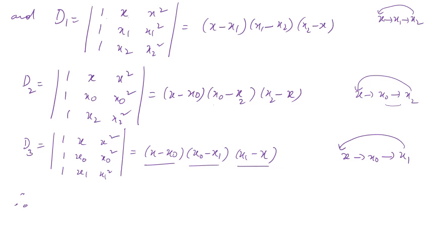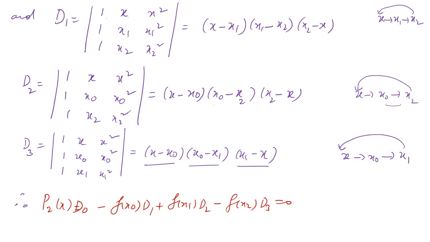Therefore what is P2(x)? Finally P2(x) is equal to, okay, let us express this: P2(x) into d0 minus f of x0 into d1 plus f of x1 into d2 minus f of x2 into d3 equal to 0. What does this give? This gives P2(x) is equal to how much?